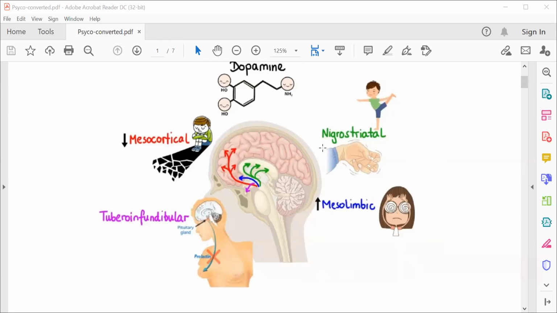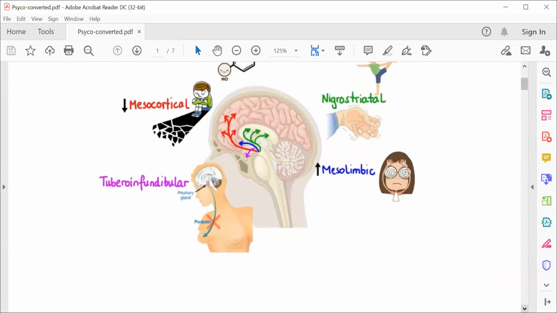So we need to be specific about it, because we will see how medications treat schizophrenia, and why second generation is now preferred over first generation. So positive symptoms: high dopamine in mesolimbic pathway. Okay, this is regarding the disease and how it happened.